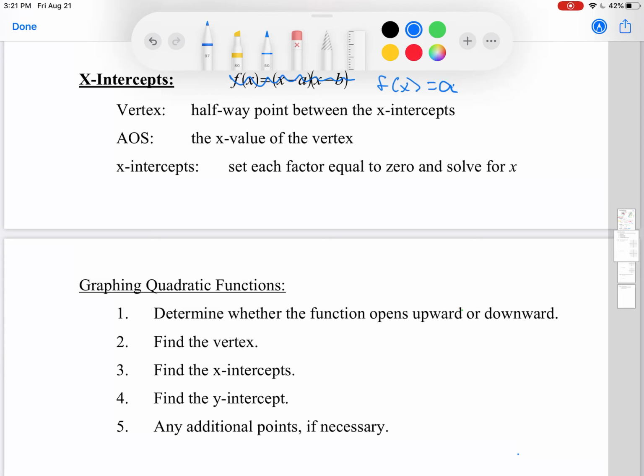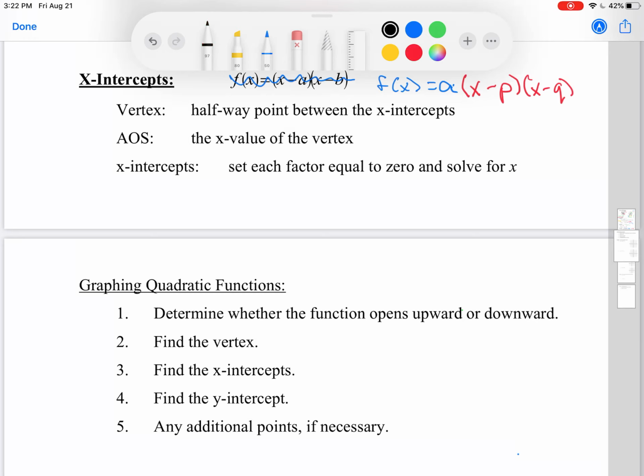It's going to be the same a we are talking about. That's why I'm going to have us rewrite it, because the a inside those parentheses is talking about something slightly different. So I'm going to have an a out front, and instead of having x minus a and x minus b, I'm going to have an x minus the letter p, and then an x minus the letter q.